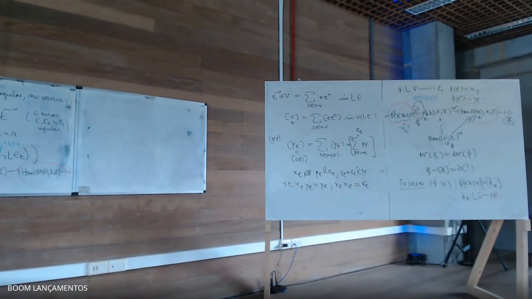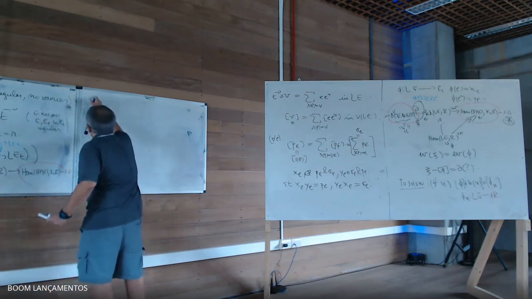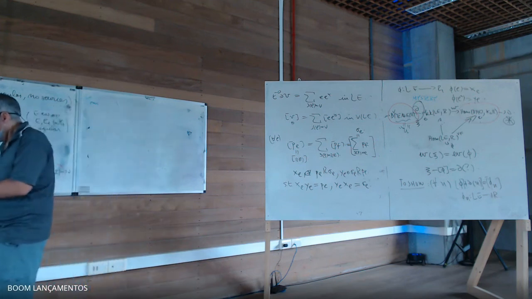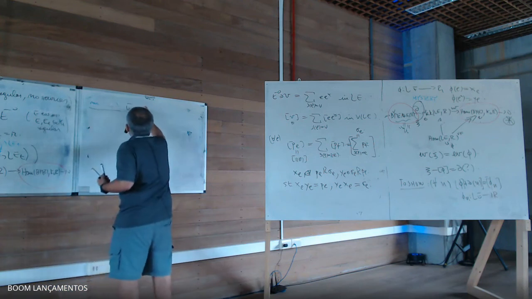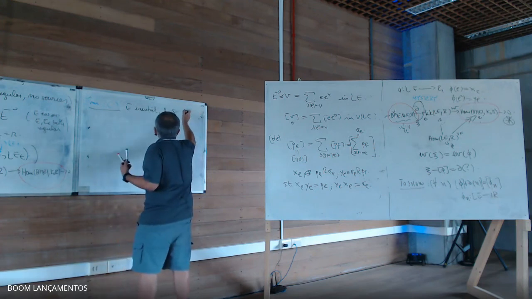So this goes as follows. Say E is essential, and R and S are algebras.